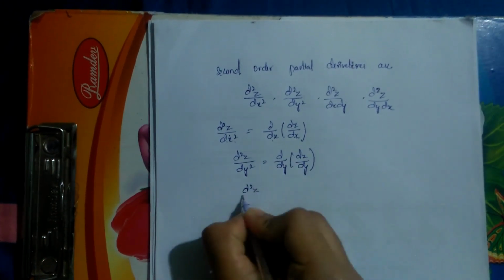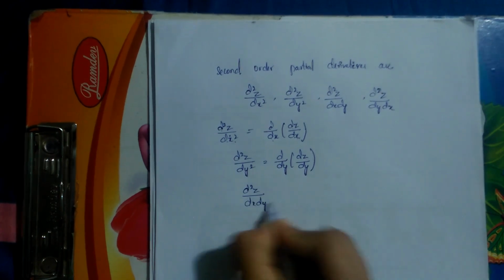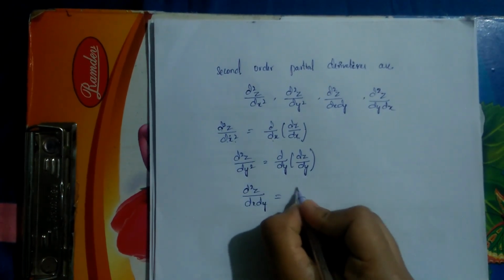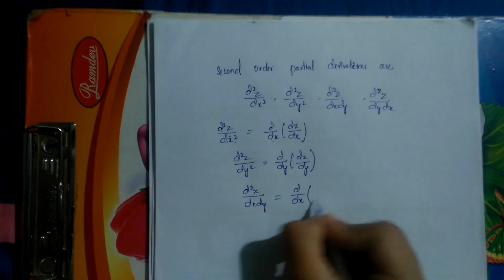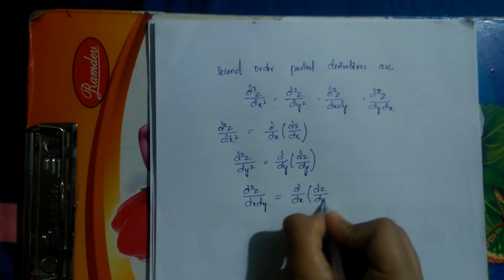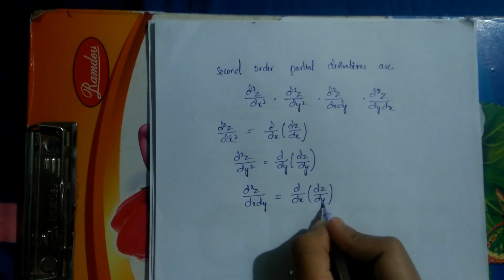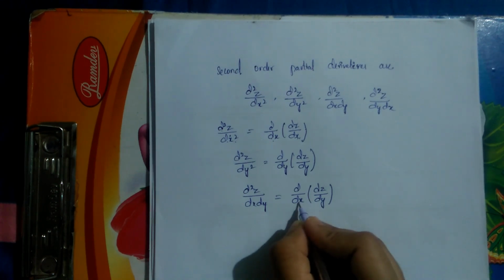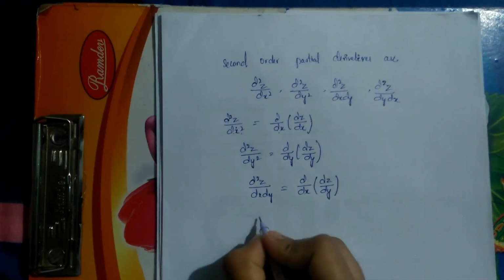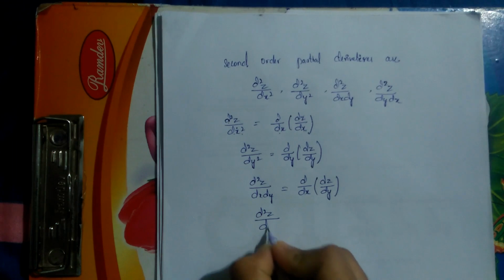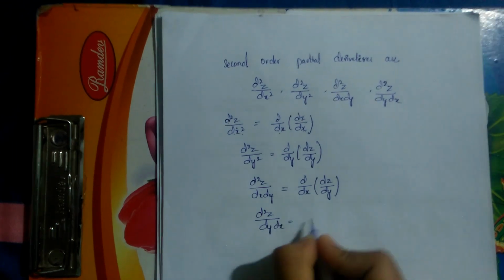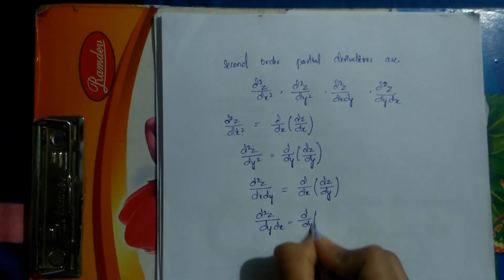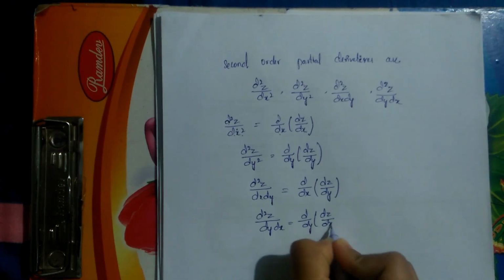Then dou square z by dou x dou y equals dou by dou x of dou z by dou y. Dou z by dou y is now differentiated with respect to x. And then dou square z by dou y dou x can be written as dou by dou y of dou z by dou x.